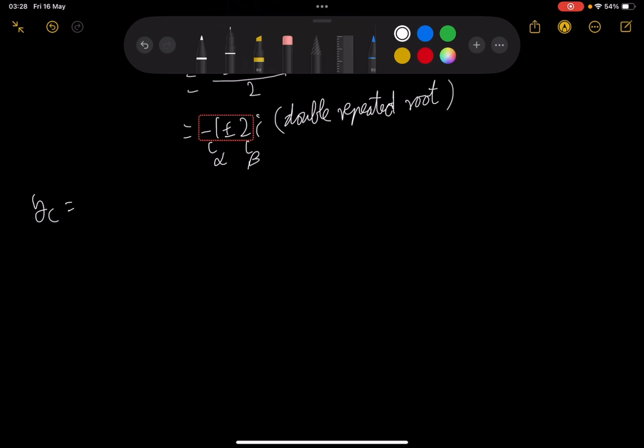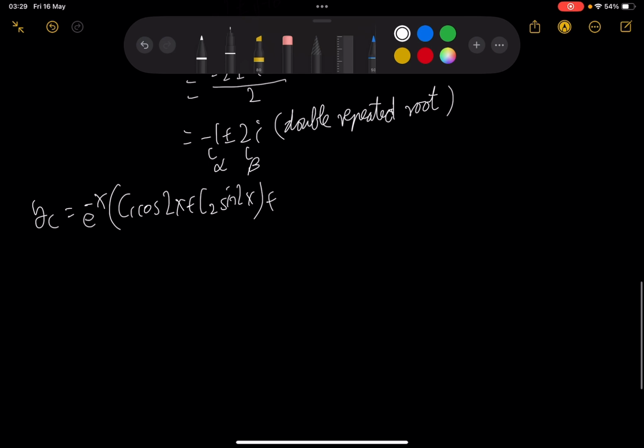Remember the formula. First you will get e power of alpha, which is negative 1 times x, times our c1 cosine of beta x, which is 2x, plus c2 sine 2x. And then because we are dealing with double repeat roots, we are going to add another solution, which is x times that.